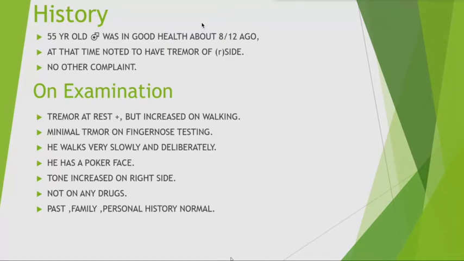Smiling will not take place, yes. He will have what is called hypomimia, that produces a mask-like face, or bradykinesia of the muscles of his face. So bradykinesia of muscles of face produces hypomimia.